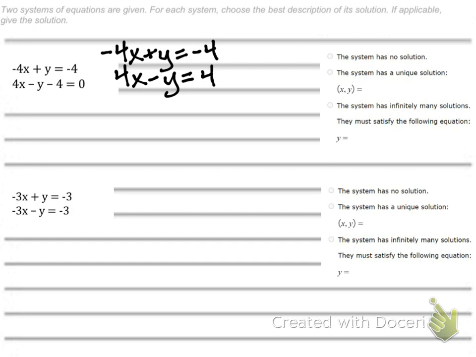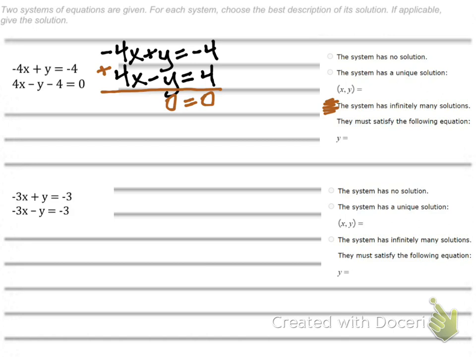So I think you can see that if I add these together, everything cancels out, right? And I end up with 0 equals 0. Is that a true statement? Yes, 0 equals 0. So that means that this is infinitely many solutions. But again, we can't put in a 42 for x and a million for y, right? Clearly that's not going to work.